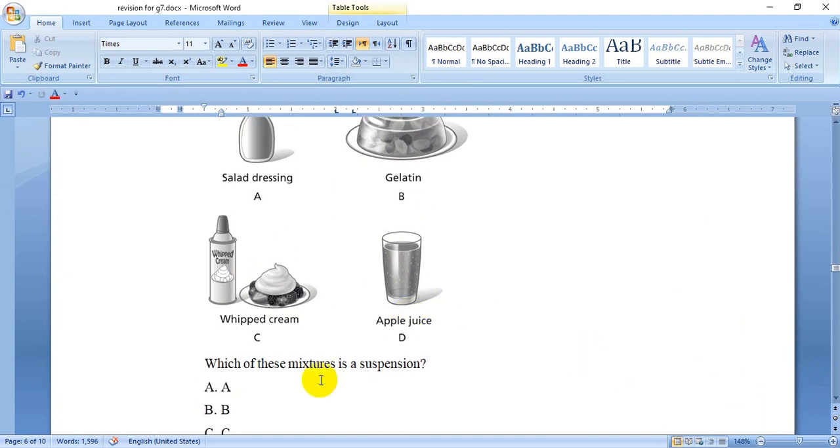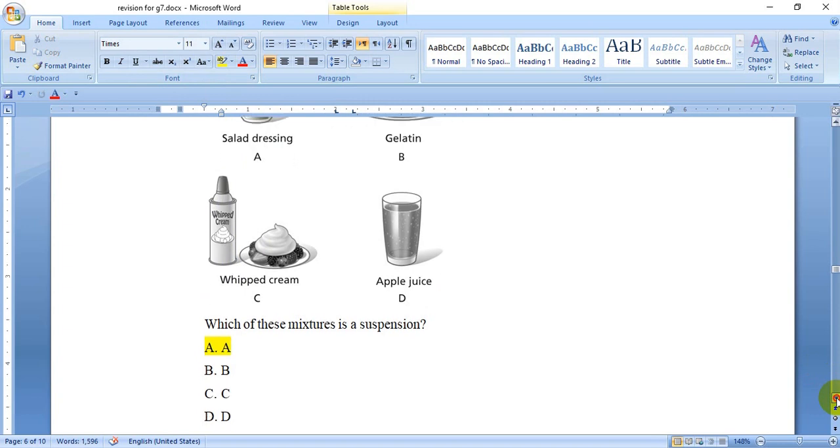And yes, the suspension is the salad dressing, because the oil and the vinegar actually don't mix together, and even the spices. So each component of the salad dressing settles out or separates from the mixture, and that's why we call it a suspension. So we're going to choose letter A.